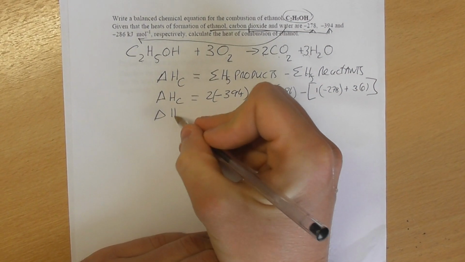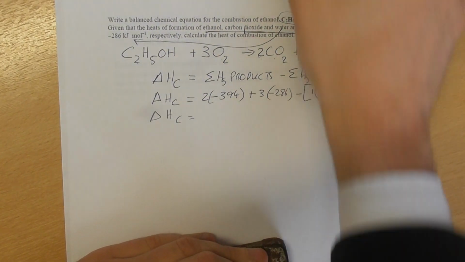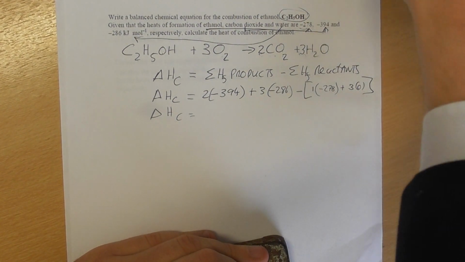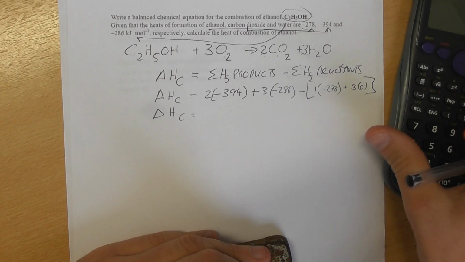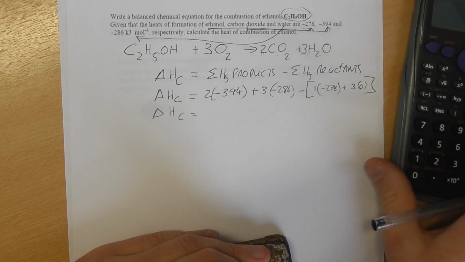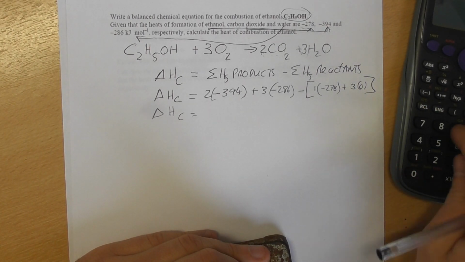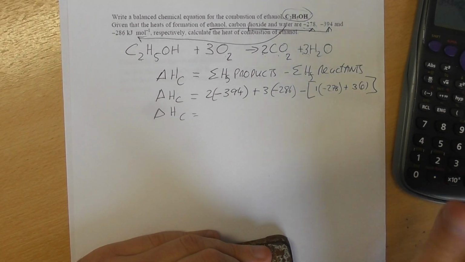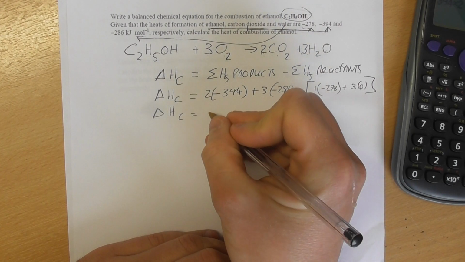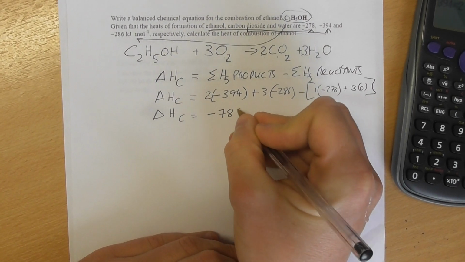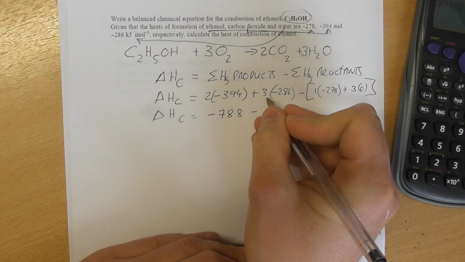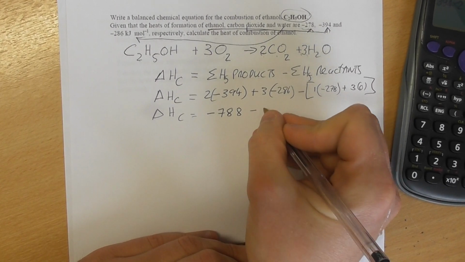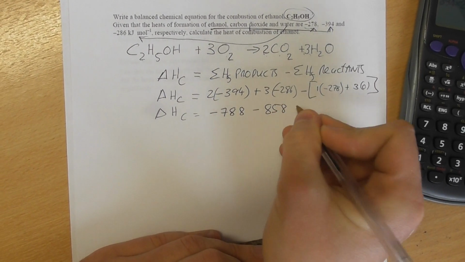That'll give you delta HC is equal to, and we can just use our calculator for that. So we can multiply that, 394 multiplied by 2, and that'll give you minus 788, and then 3 times that will give you minus 858.